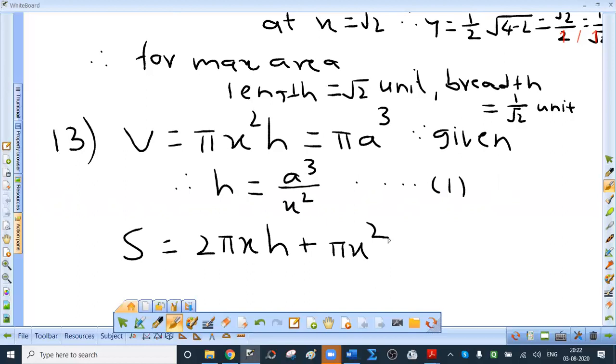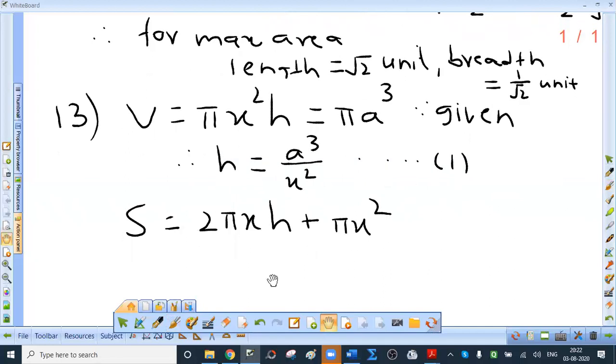Reason why not 2 pi x square? Read the problem. An open cylindrical tank, right? So open at one end and therefore it is pi x square. Had it been closed, we would have written S equal to 2 pi xh plus 2 pi x square. I hope you understood this. Okay.